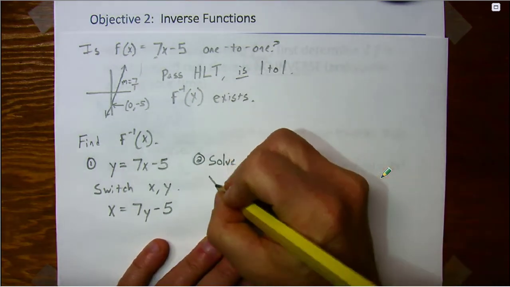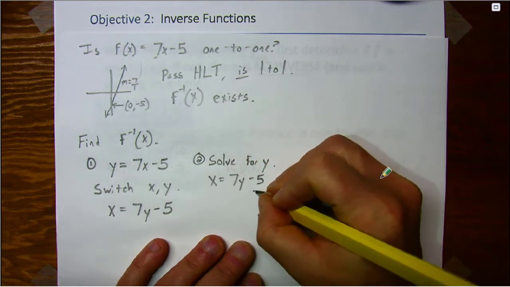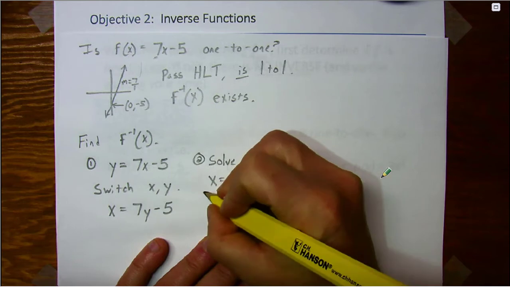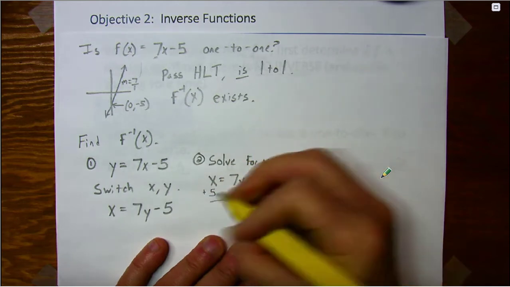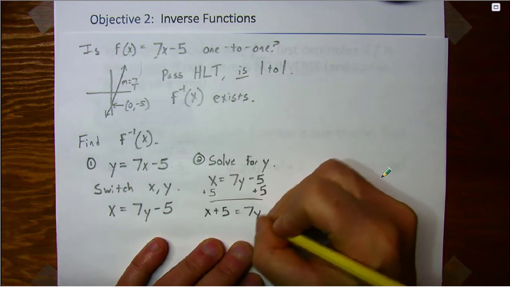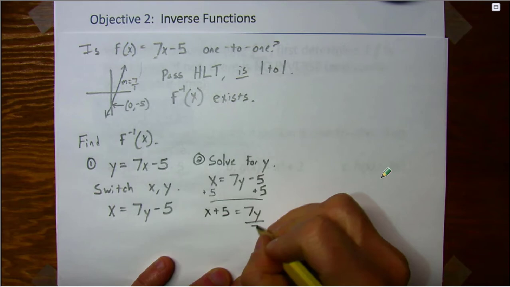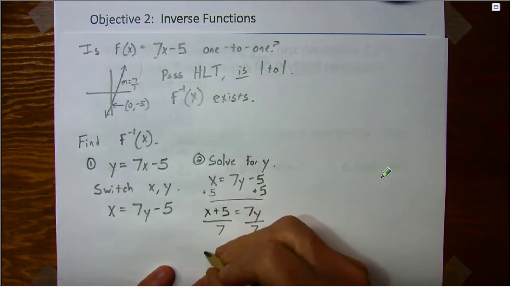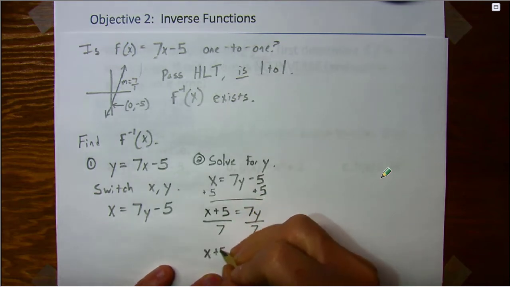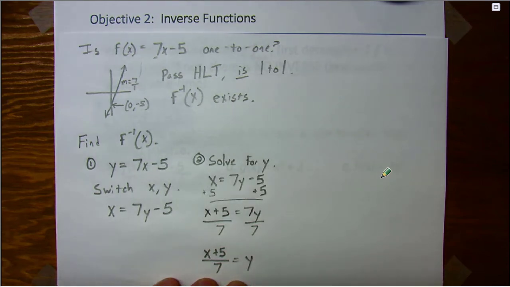And if we do that, we have x equals 7y minus 5. Let's add 5 to both sides. And we have x plus 5 equals 7y. And we'll divide both sides by 7. And what we end up with is x plus 5 divided by 7. There, we solved for y.